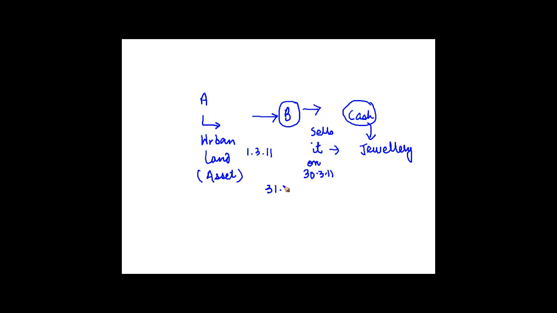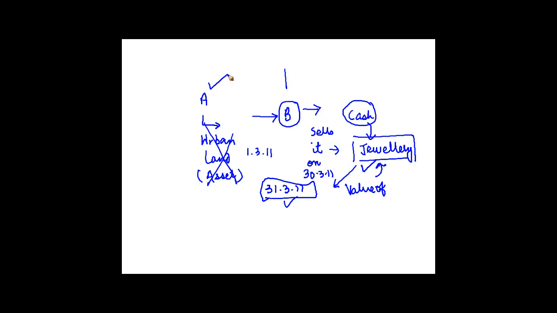Now on the valuation date, which is 31/3/2011, the land does not exist. What exists is the jewelry. So even in such a case, as long as jewelry qualifies as an asset for wealth tax purposes, the value of the jewelry will be included in the net wealth of A. So it doesn't make a difference if you converted it into a different form. It's still included in the net wealth of the transferor.